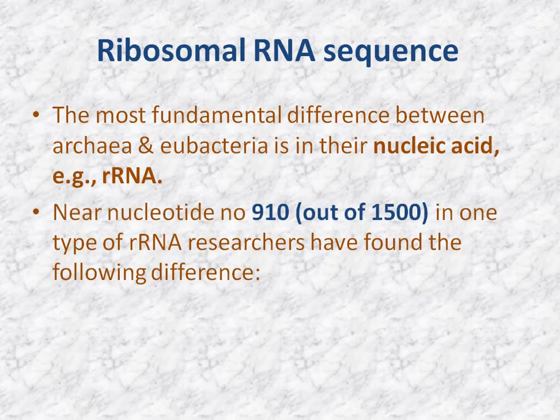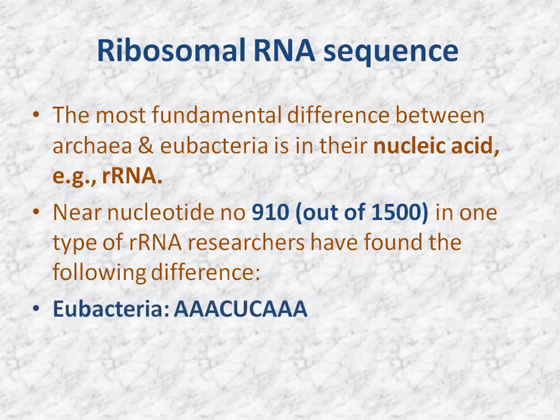It is discovered that at nucleotide number 910 out of the 1500 nucleotides present in the gene of ribosomal RNA, the nucleotide is different. And it is different in the following way.